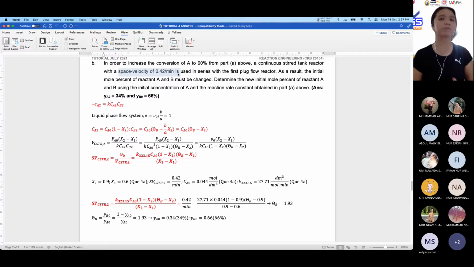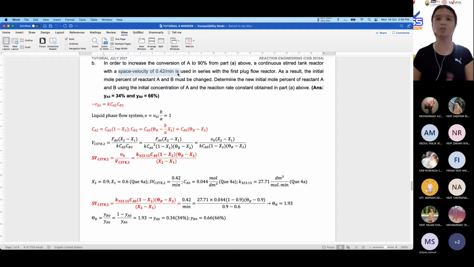Okay, dalam chapter 4, kamu tahu space velocity ke, space time ke, volume reactor ke, dia mesti berkait dengan design equation kita. So first thing we do, kita cari dulu design equation dia, dan kita figure out daripada design equation tu apa benda yang boleh berubah atau apa benda yang kita boleh kira untuk solve masalah dia.